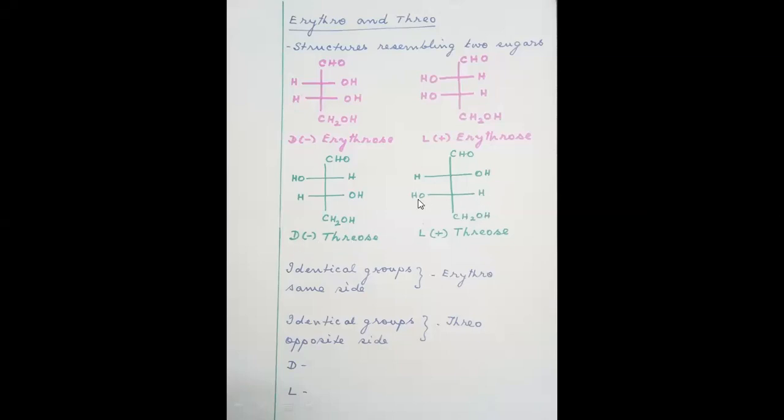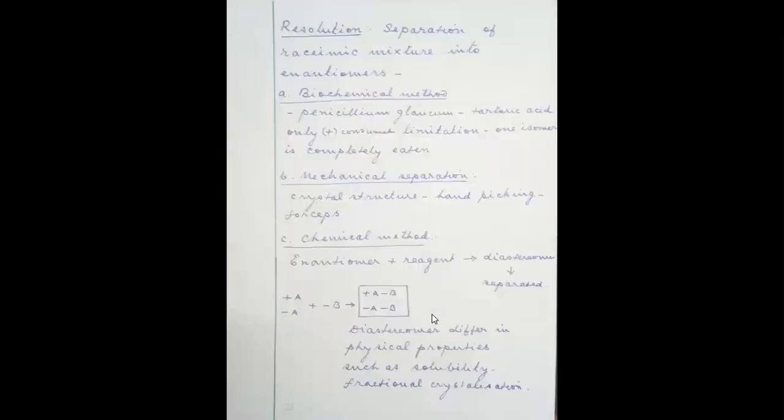And this has the bulky group on the left hand side, so it is L plus threose. So if identical groups are present on the same side, it is given the name erythro. Actually, this name is derived from the sugar unit erythrose. If the identical groups are on opposite sides, they are called threo, opposite side.